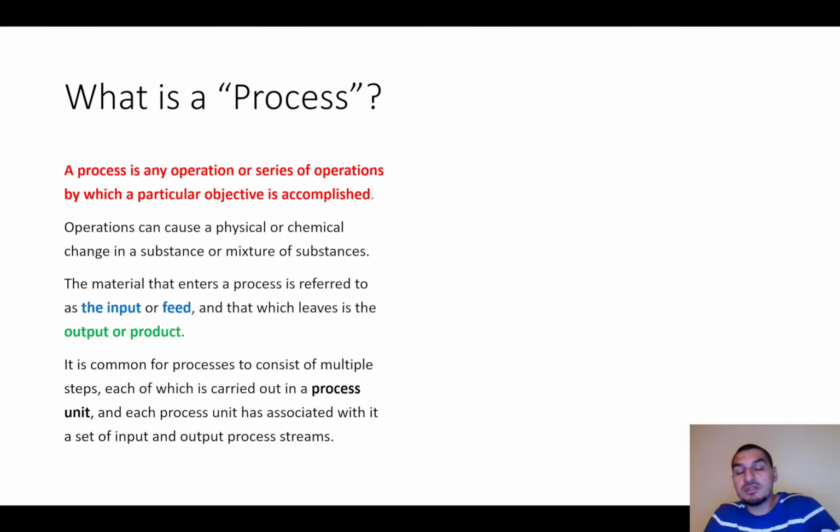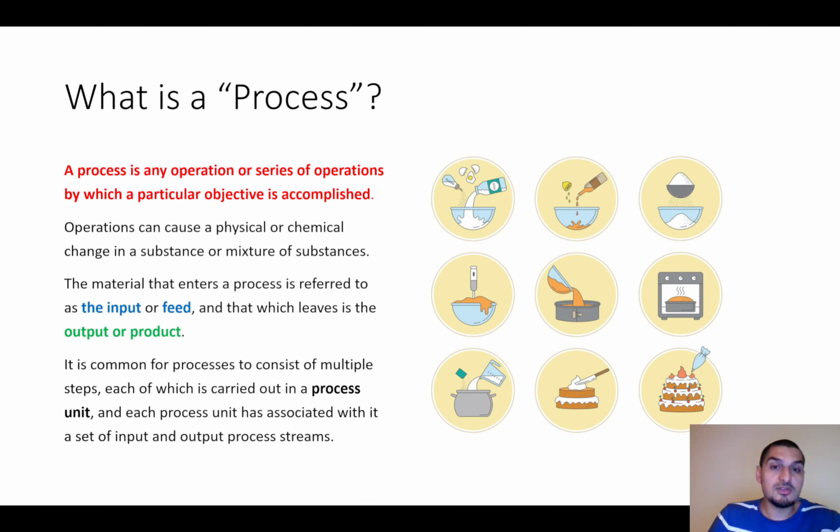So the example that we are going to discuss is baking a cake. So it's a very simple process. We said that the process is an operation or series of operations that accomplishes a particular objective. So the objective is to bake a cake.